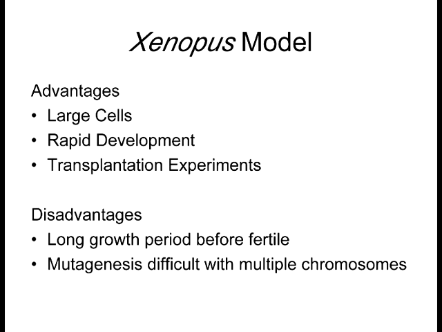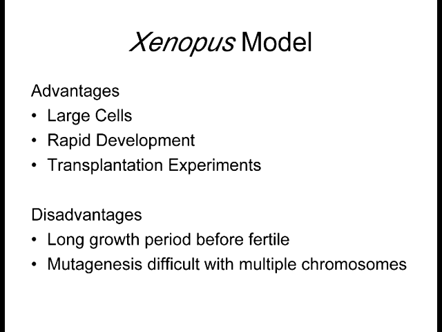Drosophila and some of these invertebrate model organisms are great for genetic studies because of that one-to-one relationship between a mutation in the gene and the development of certain regions. But frogs start to get more complex, like us, in the multiple chromosomes, as well as the way in which they regulate their genetics, as we know, as far as gene splicing and things of that sort.